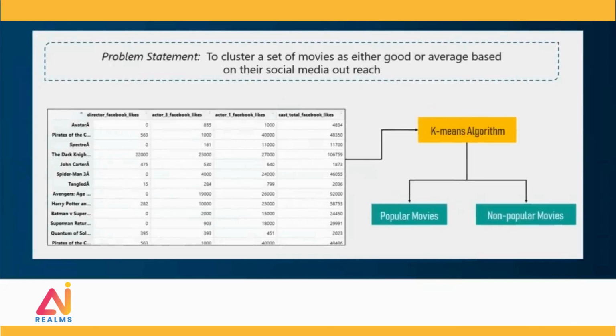Moving on to our next problem statement here. The problem statement is to cluster a set of movies as either good or average based on their social media outreach. Now, if you look properly, your clue is in the question itself. The first line itself says to cluster a set of movies as either good or average. Now guys, whenever you have a problem statement that is asking you to group the data set into different groups or to form different clusters, it's obviously a clustering problem, right?